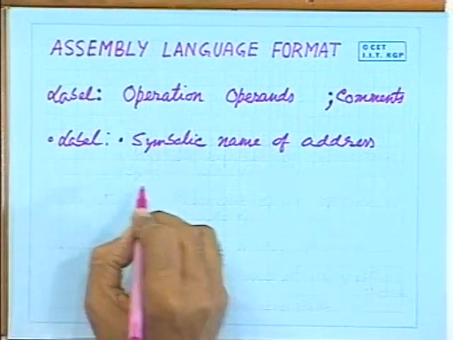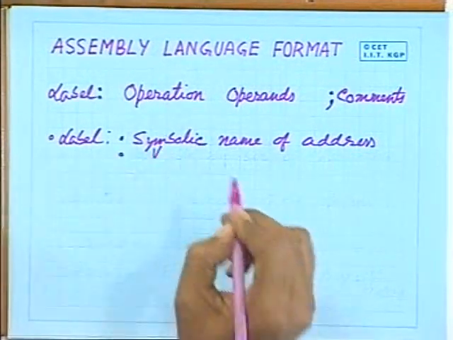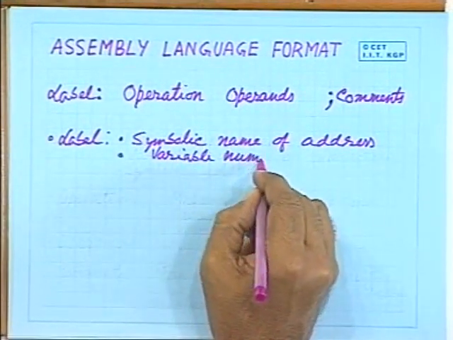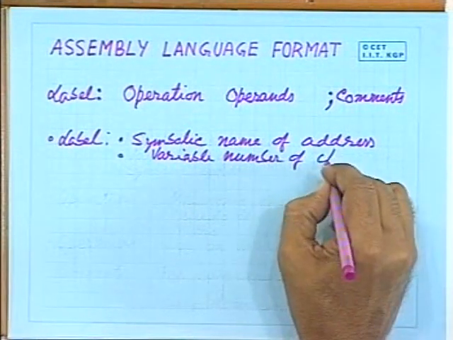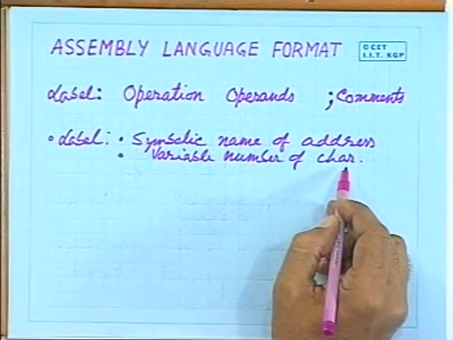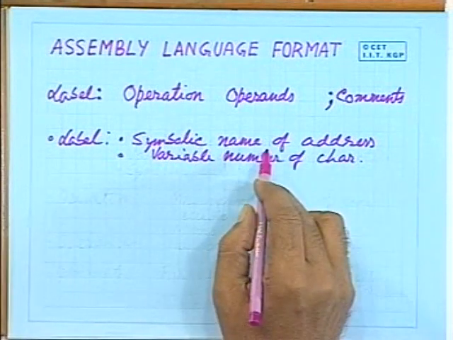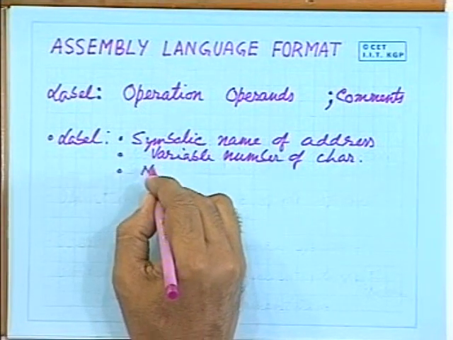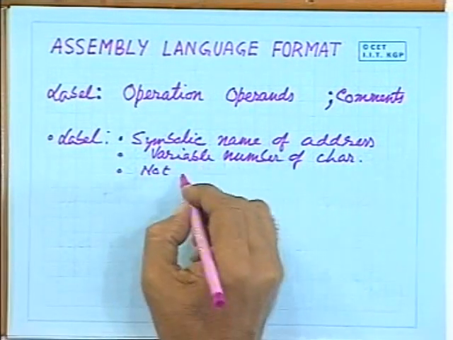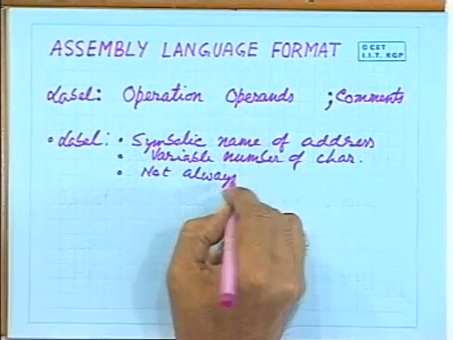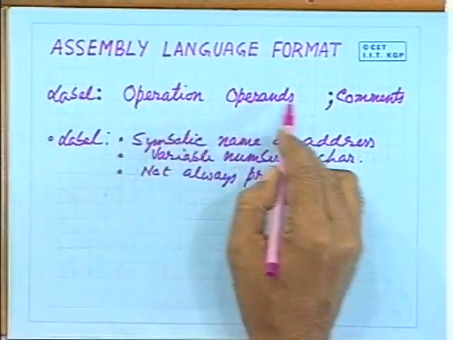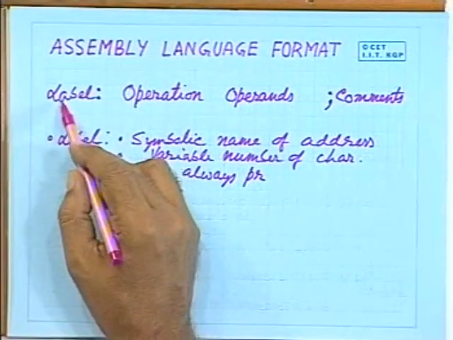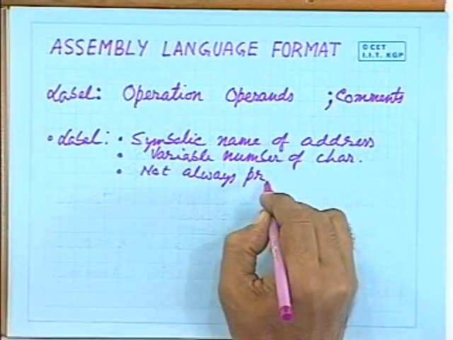Obviously, it can be represented with the help of a variable number of characters. A number of characters can be used to represent a symbolic name, and a label may be present, may not be present. So it is not always present. In other words, each line of instruction may not have a label, particularly if you don't have to refer to it, there is no need for it.